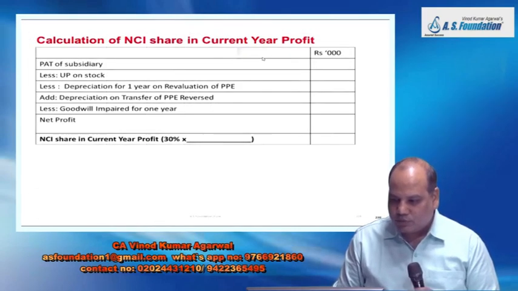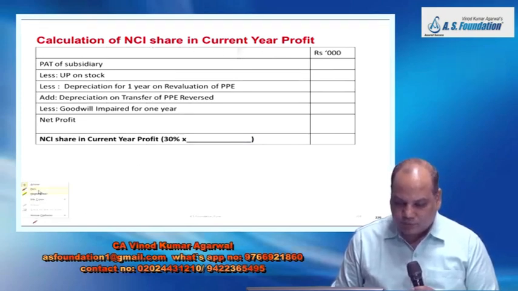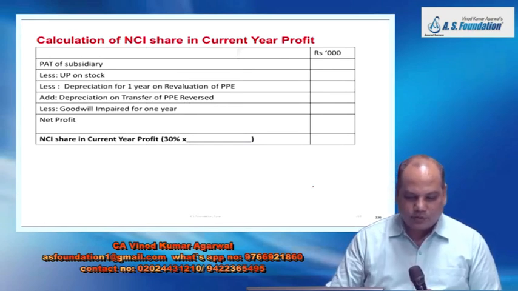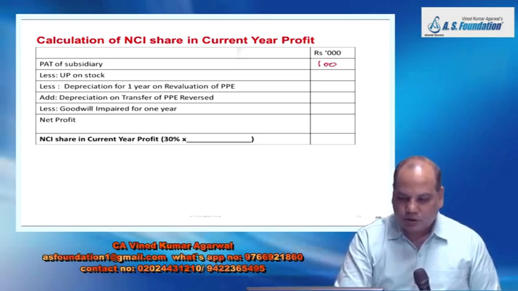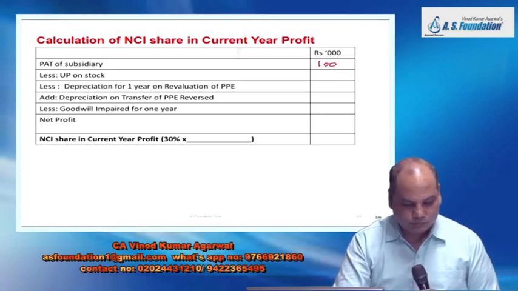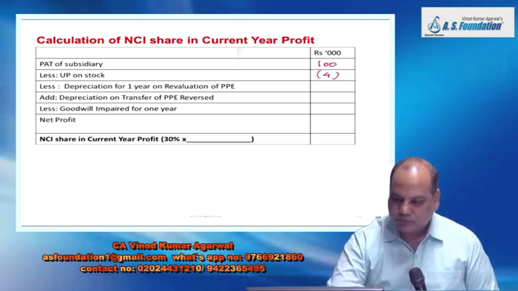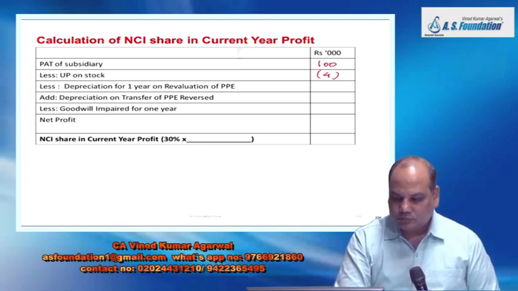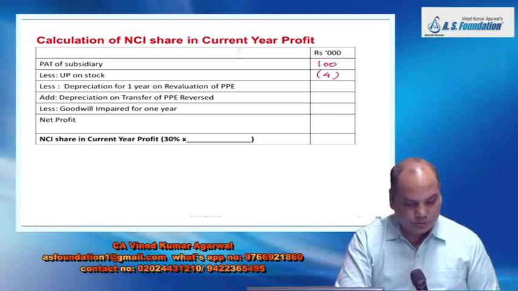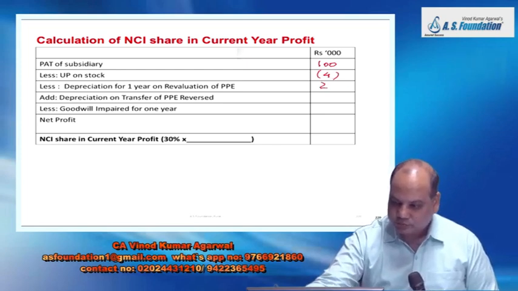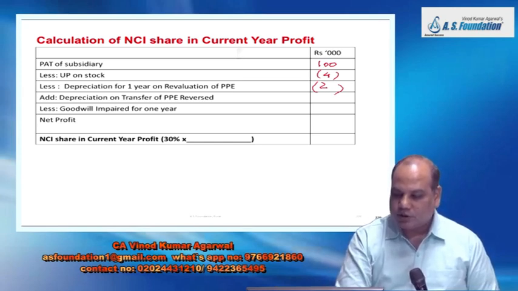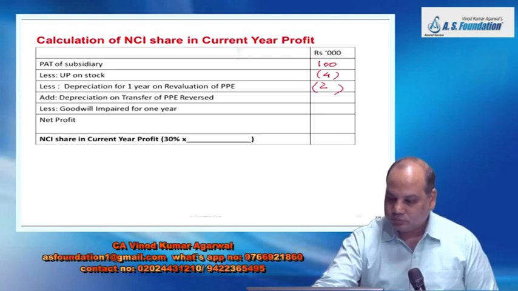So I have prepared a small working here. Calculation of NCI share in the current year profit. So what is the profit after tax of subsidiary? 100. Less unrealized profit on stock. 4. Less depreciation for 1 year on revaluation of PPE. How much was that? Depreciation on revaluation? That was 2. Add depreciation on transfer of PPE reversed. 1.